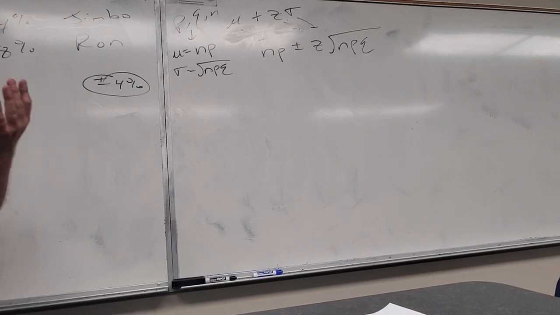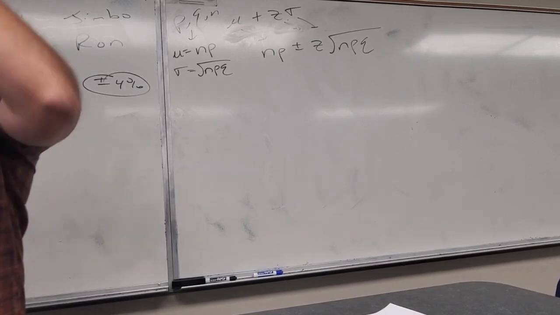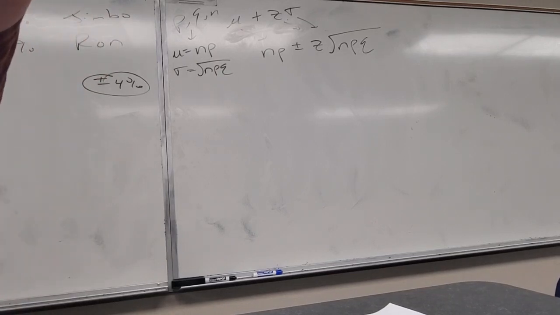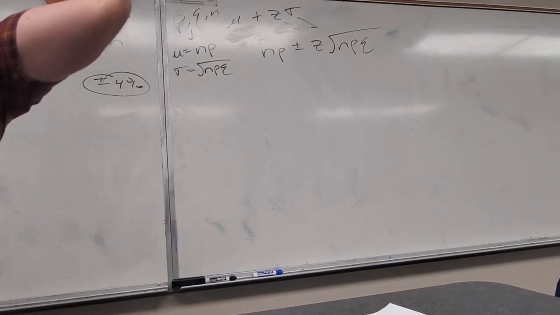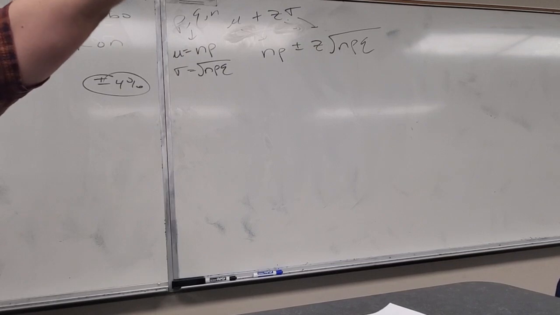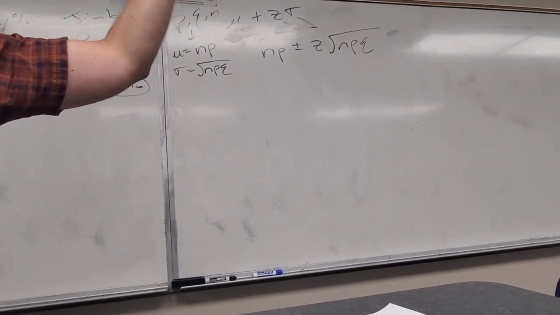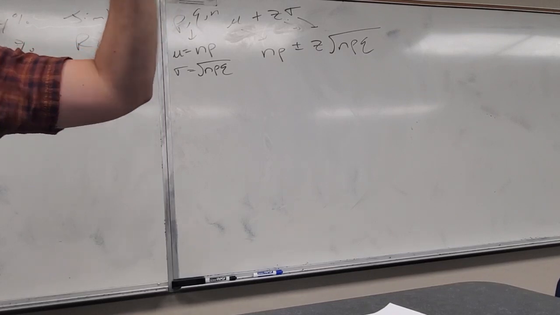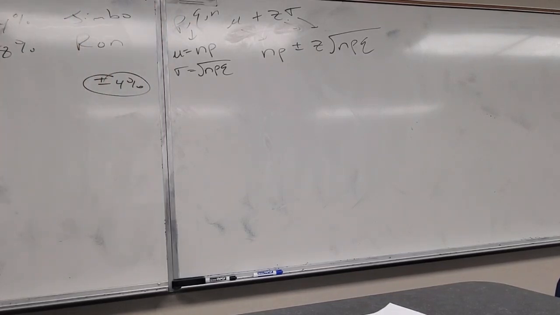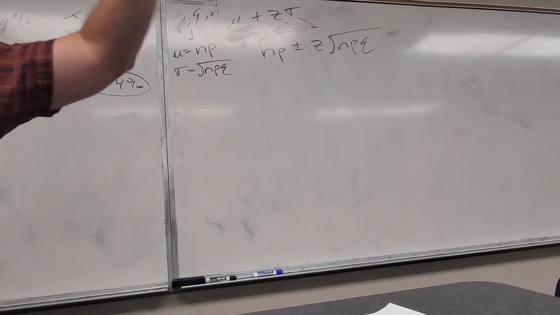And success doesn't have to be happy, just whatever we're looking for. Here's the big thing though. If you look at every single problem we've ever done, any binomial problem, the percentage I gave you was always of a population. Every time.